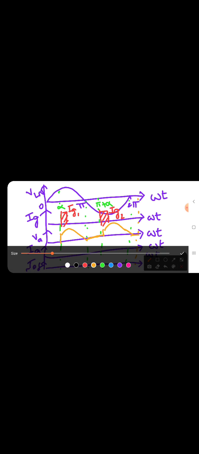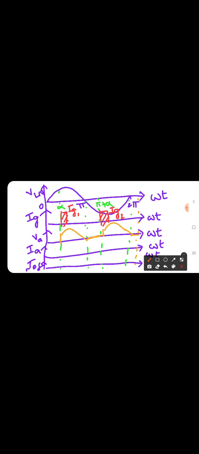Then the armature current: from alpha to pi, it increases. From pi to pi plus alpha, it decreases. From pi plus alpha to 2 pi, it increases. From 2 pi to 2 pi plus alpha, it decreases, like this.